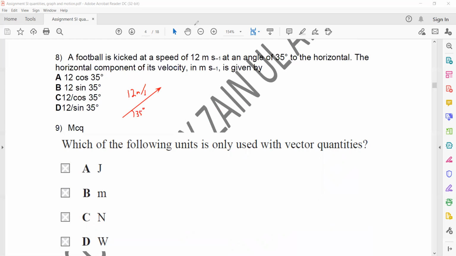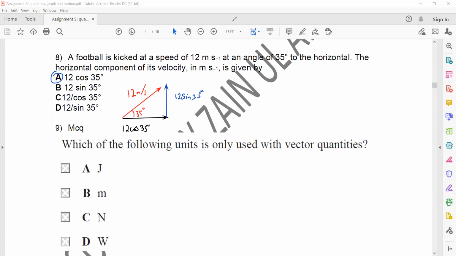It will have two components, the one which is with the angle, that will be 12 cos theta, and the one which is against the angle, that is the vertical component, equal to 12 sin 35. So they are asking the horizontal component. So horizontal component is 12 cos 35. So for question 8, A is the right answer.